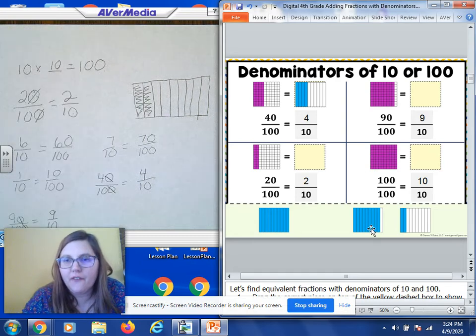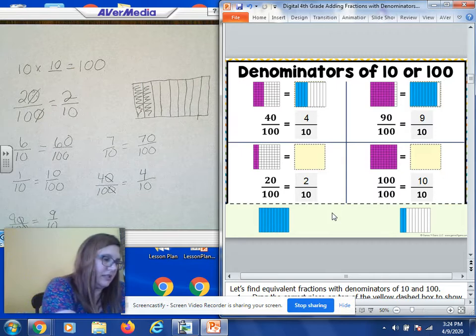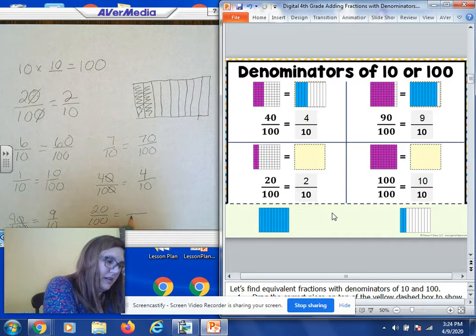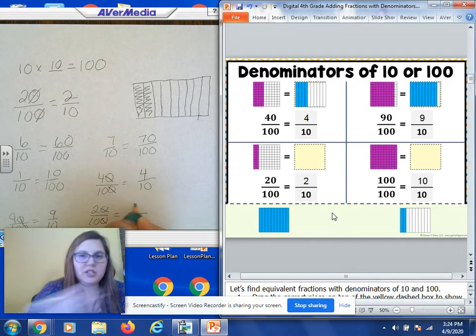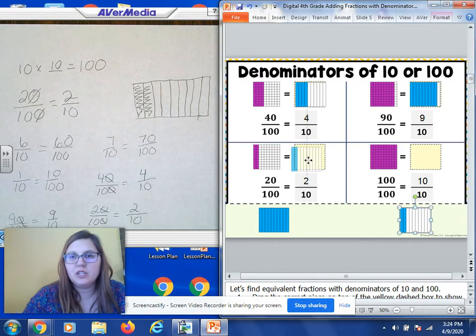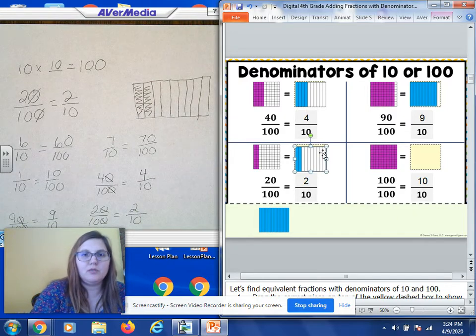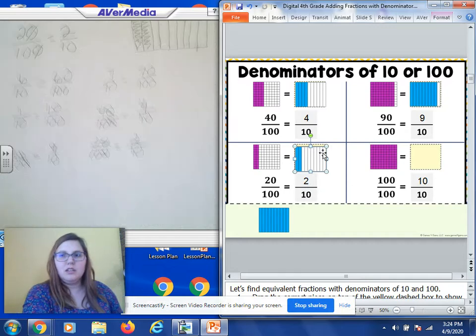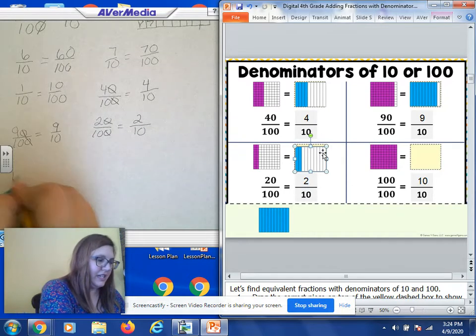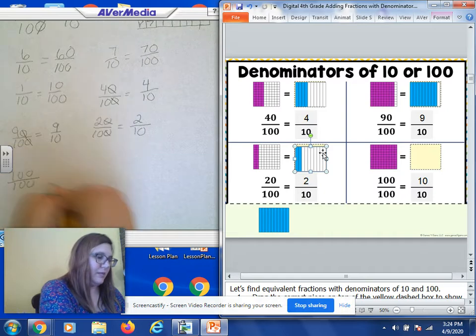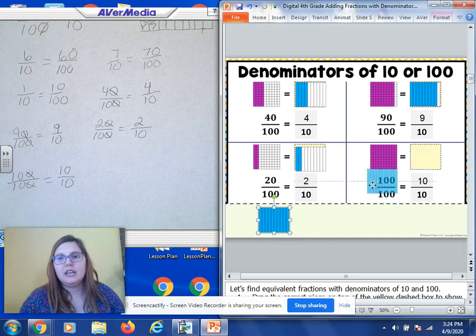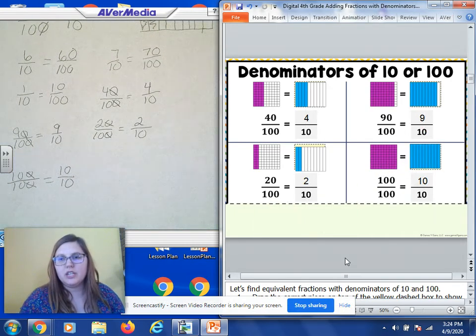So I go down here and find my 9 tenths and drag and drop the box. 20 hundredths, lose that 0, bring your 2 over, 2 tenths. Drag and drop my picture. Then 100 hundredths, both of them lose a 0 to be 10 tenths. As you can see, the whole thing is shaded in.